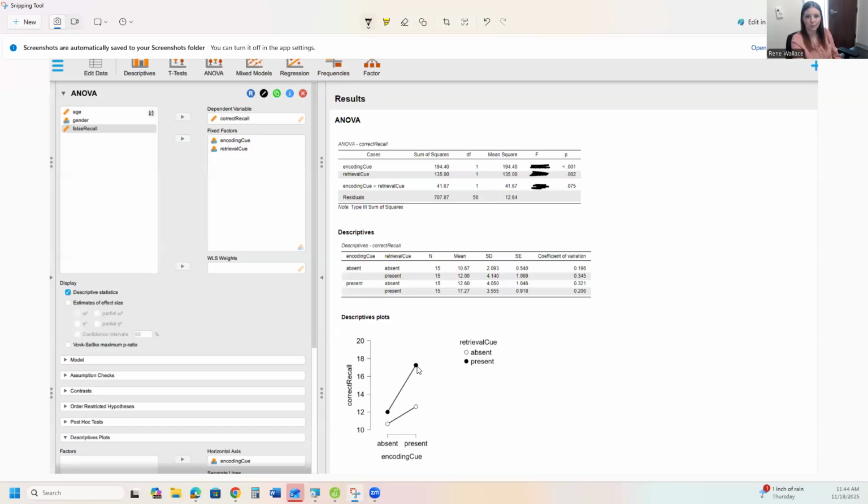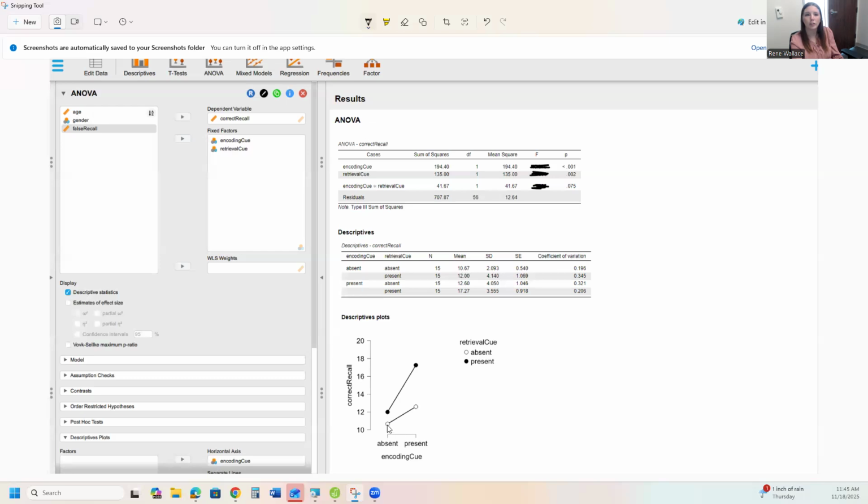You had this word that you were giving them while they were studying, and then that word was also on their paper to jog their memory. So it makes sense that when a cue was present at both encoding and retrieval, we got the most. And it looks like we got the least when the cue is absent at encoding and retrieval.